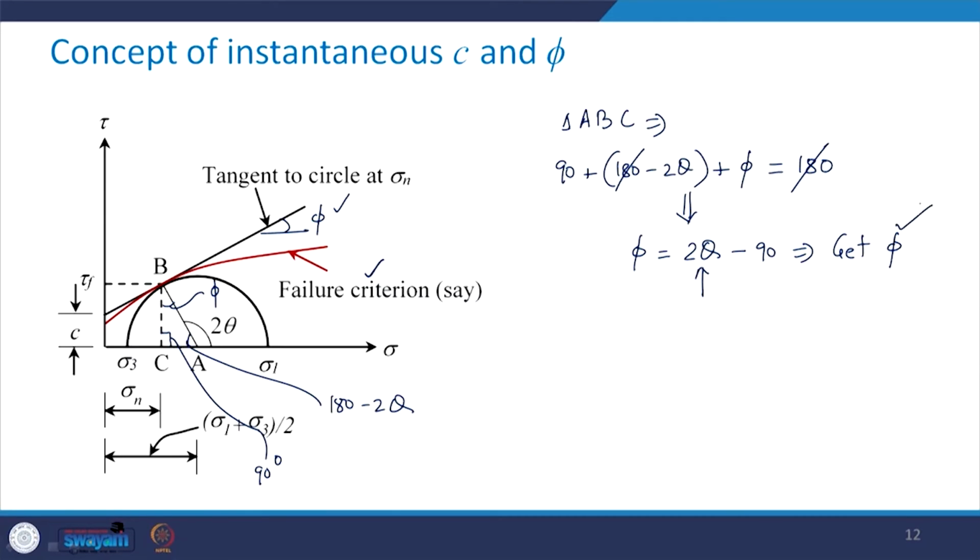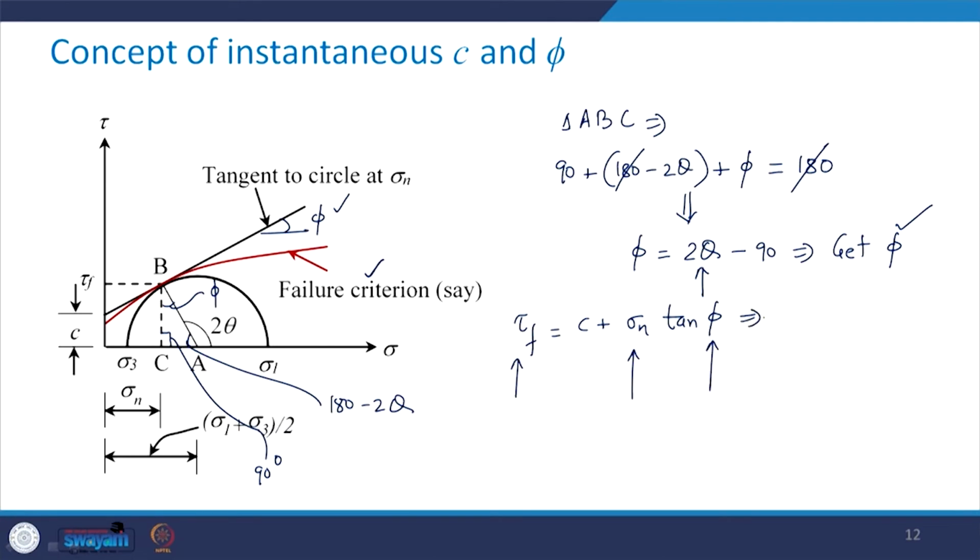Once we know this phi, we have the expression tau f equal to C plus sigma n tan phi. What all that we have obtained here? Following the procedure which was given by Balmer, we already have obtained tau f, we have sigma n, and here we obtained phi.